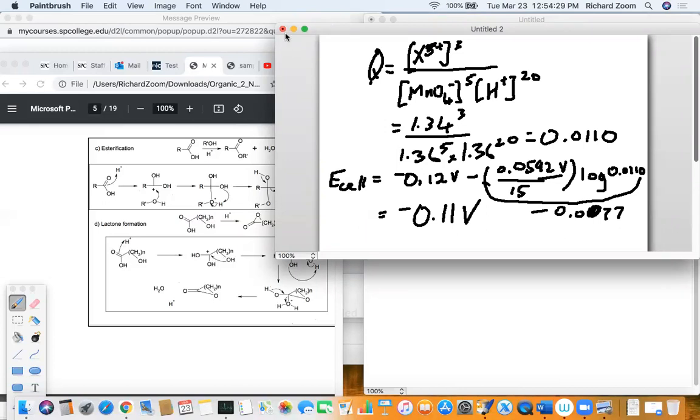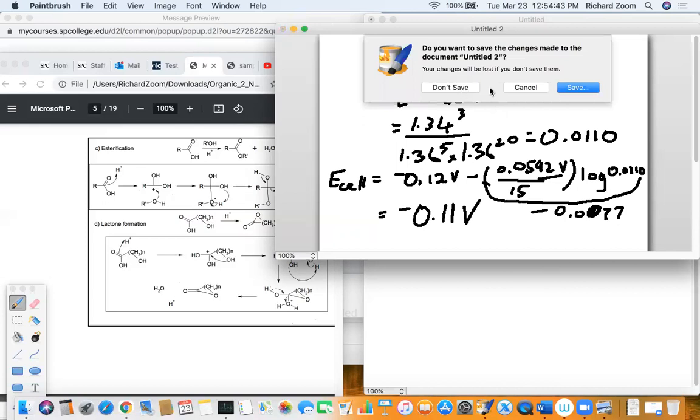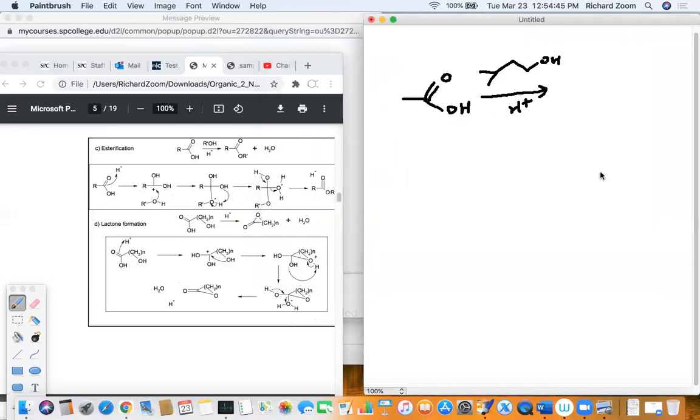Trying to get rid of this. It won't let me move it. Just move this down here. We'll get rid of that. Okay. Let's see if I can find this other document.